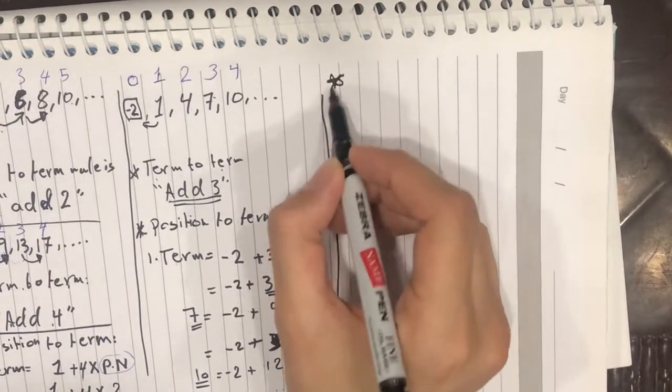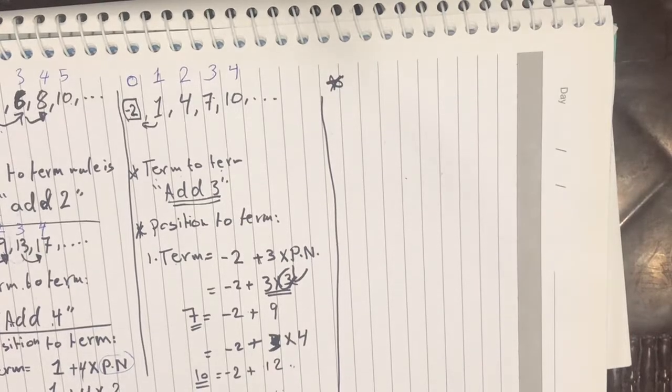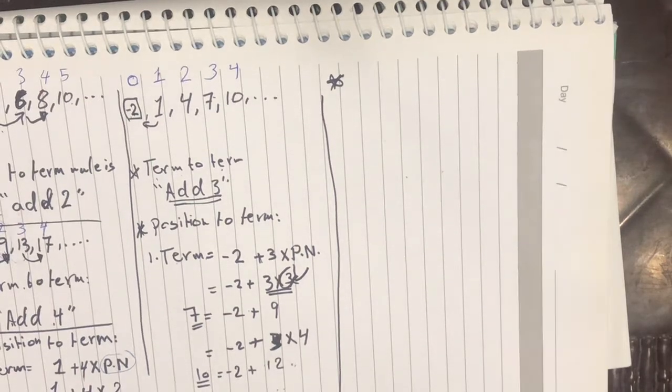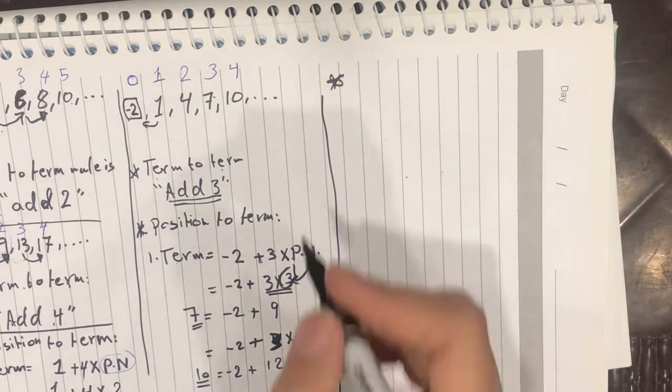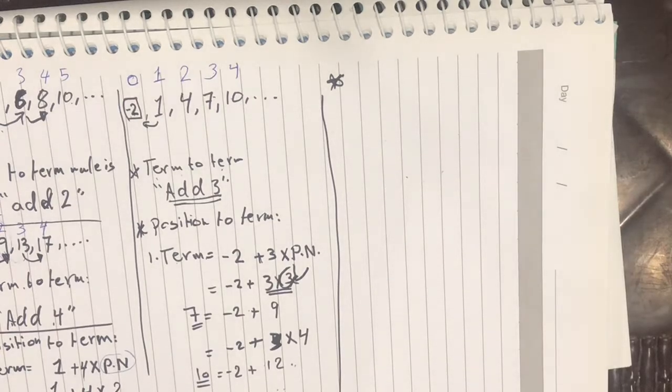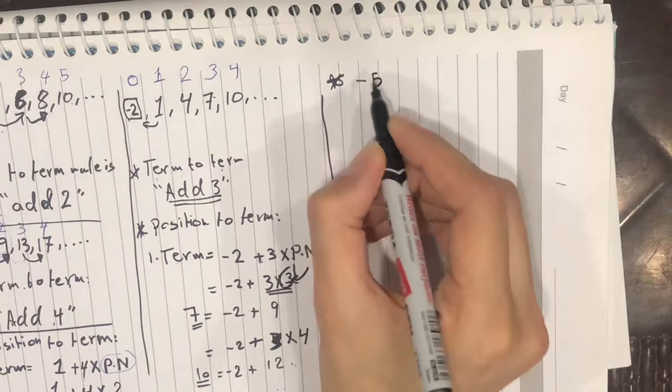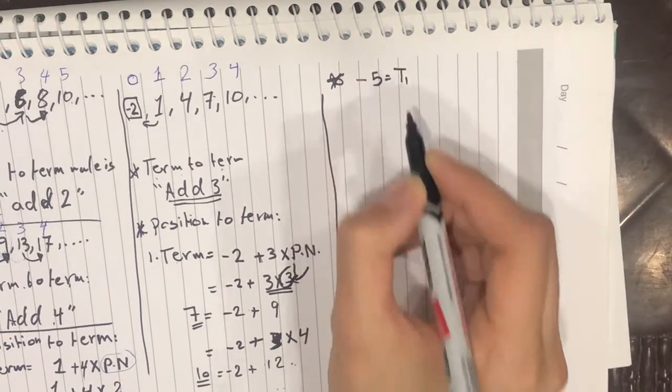Now I need to find the sequence. If a question says work out the first 4 terms, and I am just giving you the first term and the rule. Like the first term is -5, this equals term number 1.